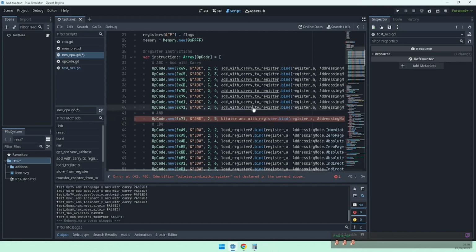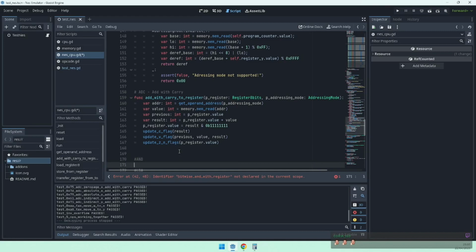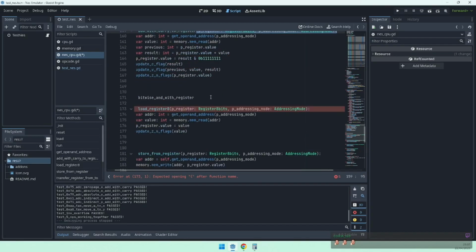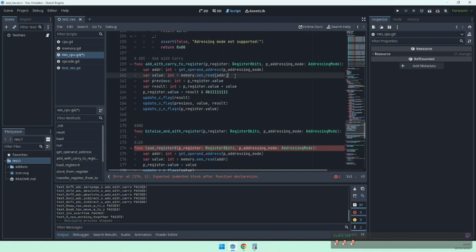Now I create this function with the register and the address mode. We get address and value as always.